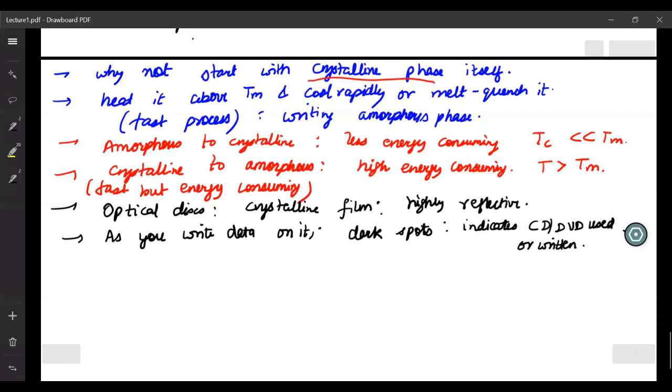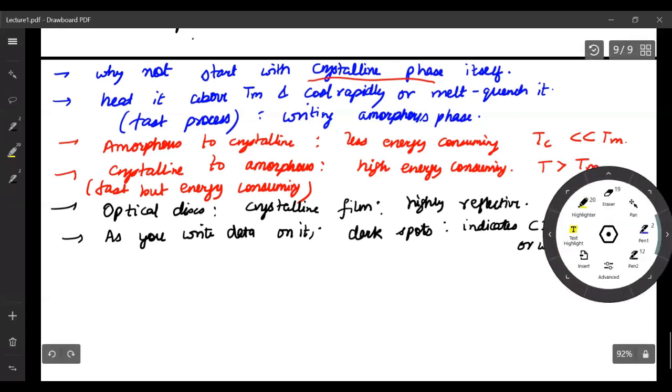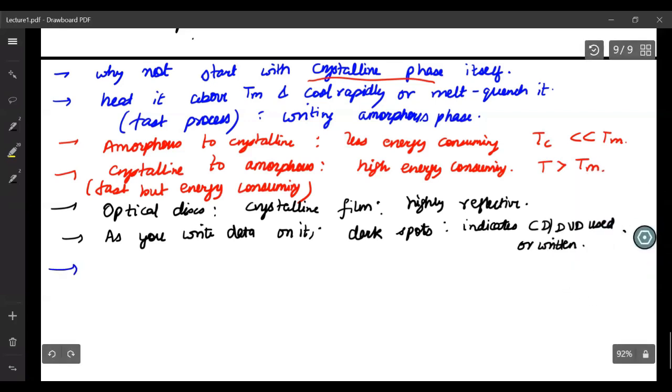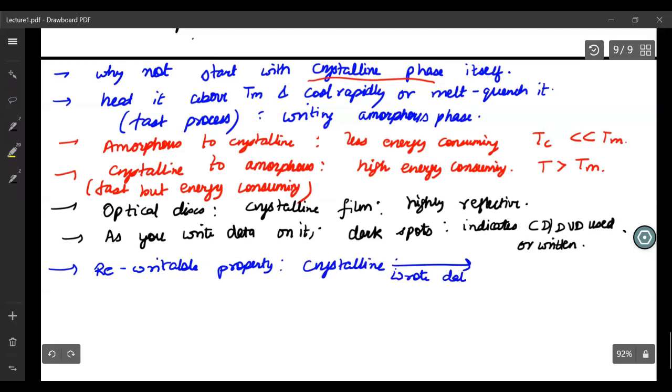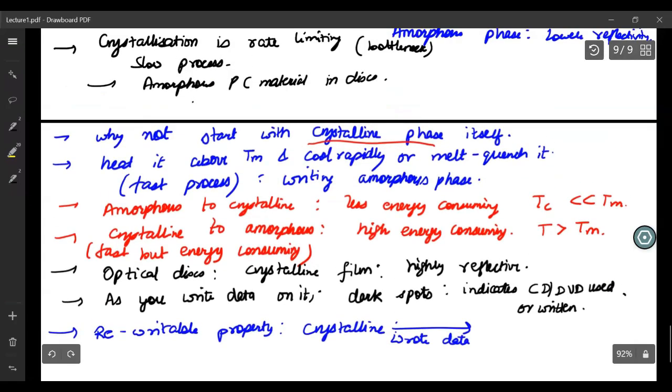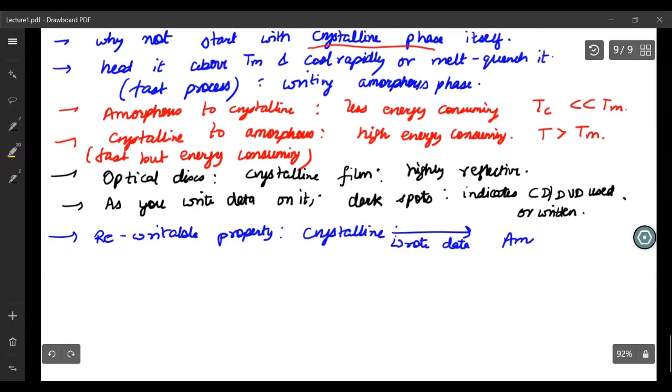And another important point, in your rewritable DVDs and CDs, if you also want this rewritable property, what does that mean? So you started with crystalline. Then you wrote a data on your disk, you changed some track to amorphous.